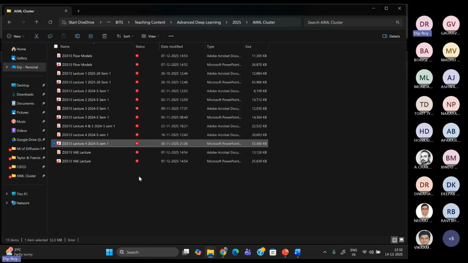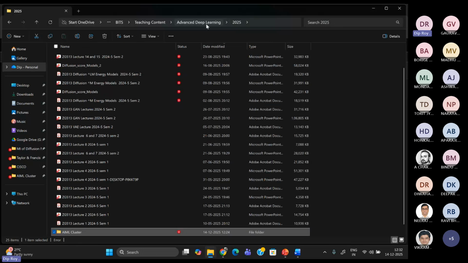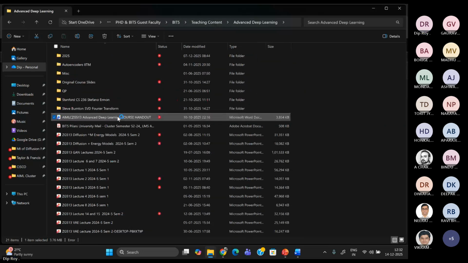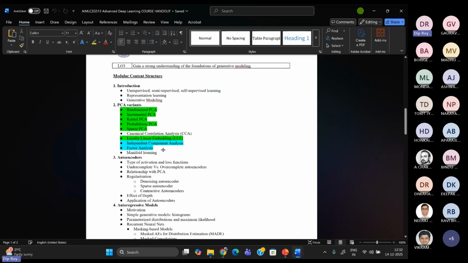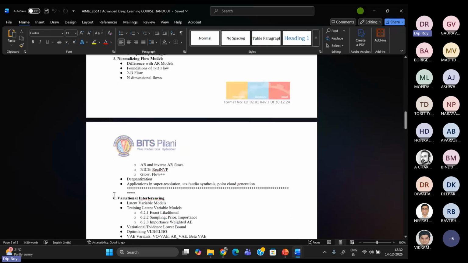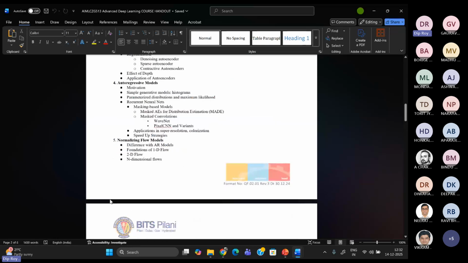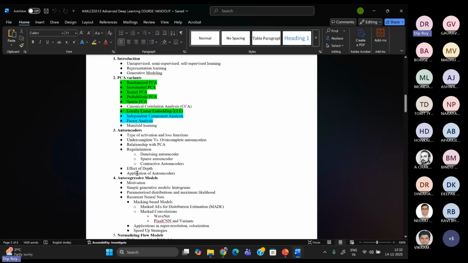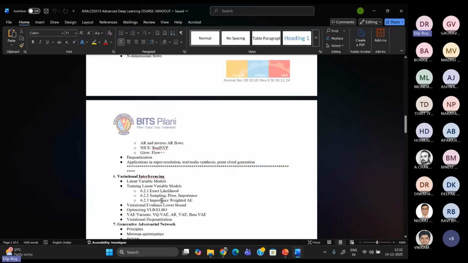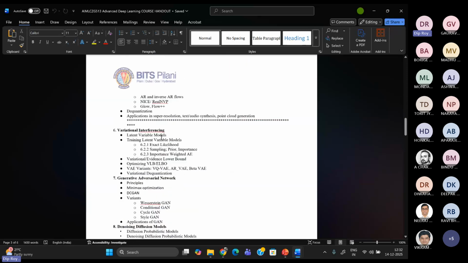I'll just show you where exactly VAE is. If you go through this, VAE is actually after these normalizing flow models. So what we have is still normalizing flow models. You have your PCA, autoencoder, autoregressive model, normalizing flow models, and then we'll have VAE.